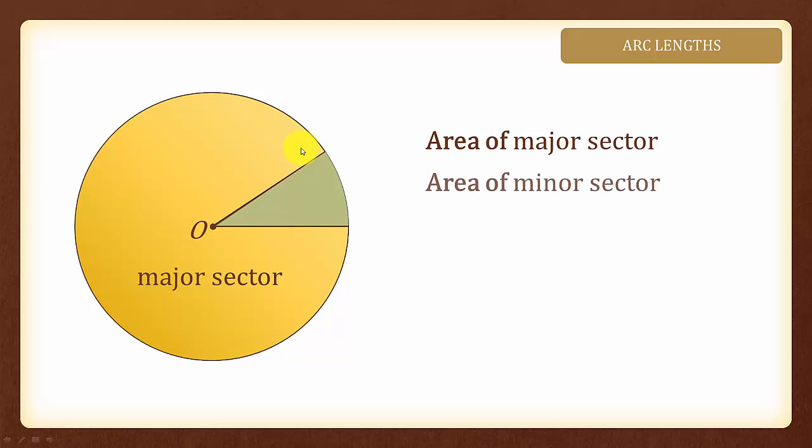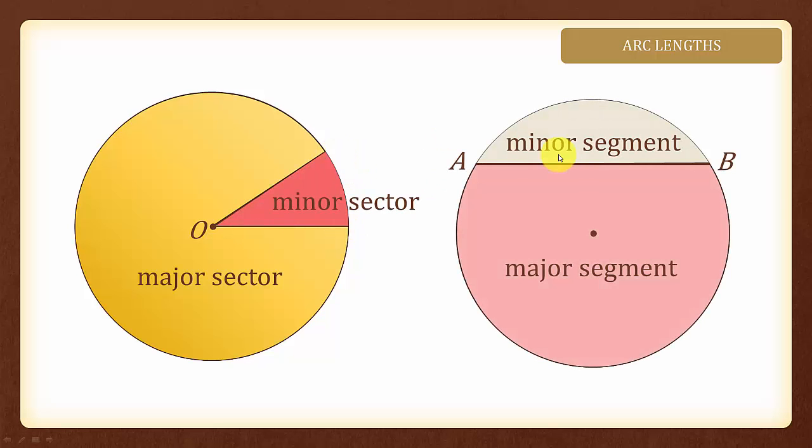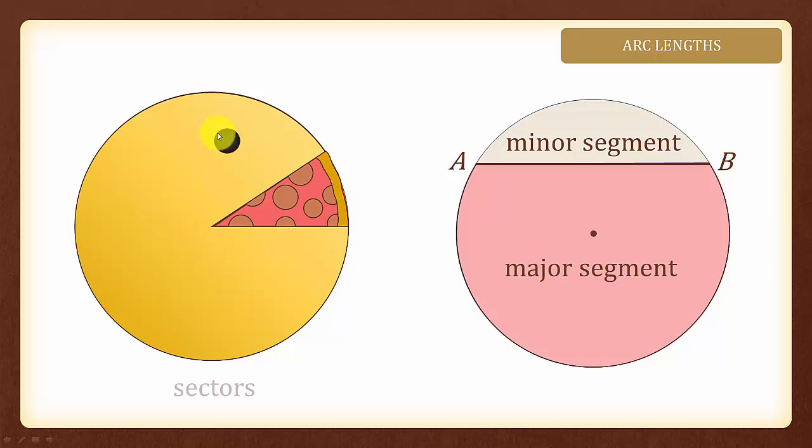Whereas the area of the minor sector will be the area bounded by the two radius and the minor arc. And this is how the sector and the segments look like. A sector looks like a Pac-Man eating a pizza, whereby the Pac-Man is the major sector and the pizza is the minor sector.